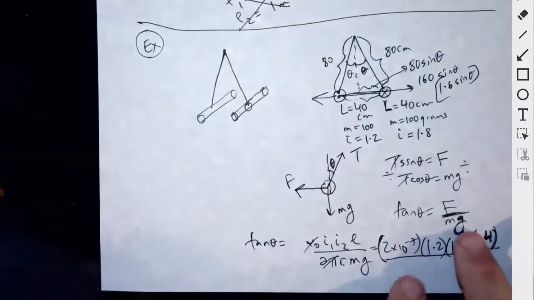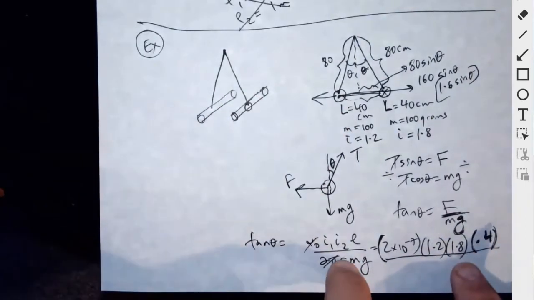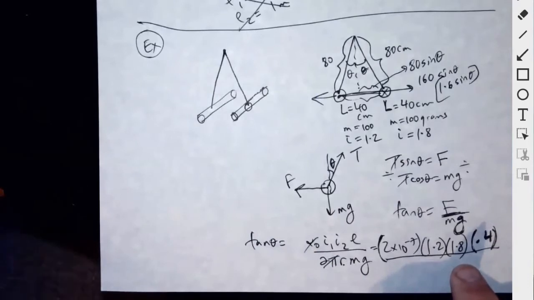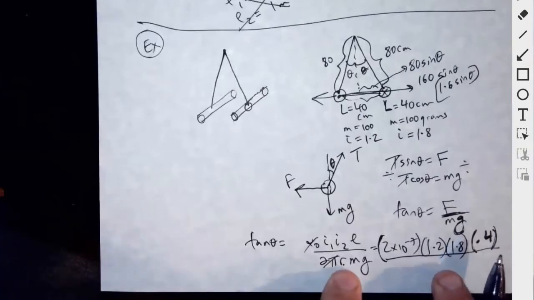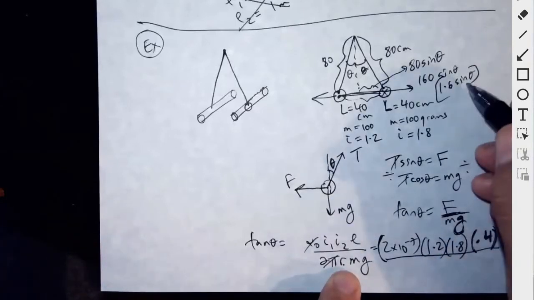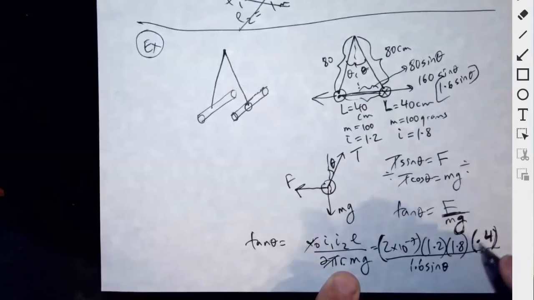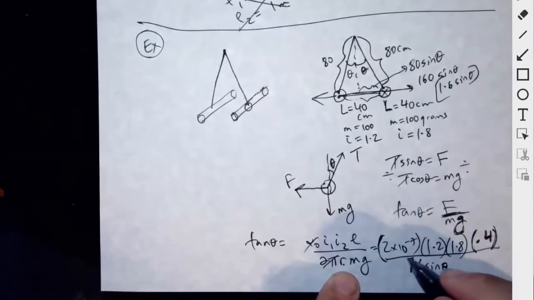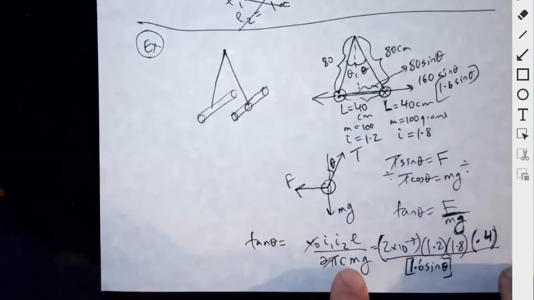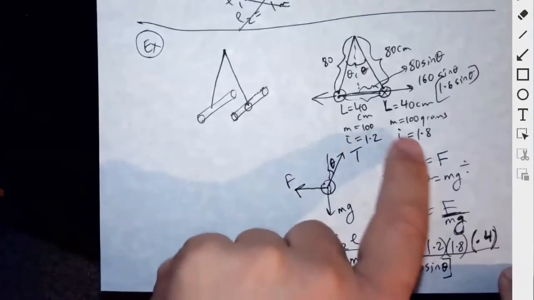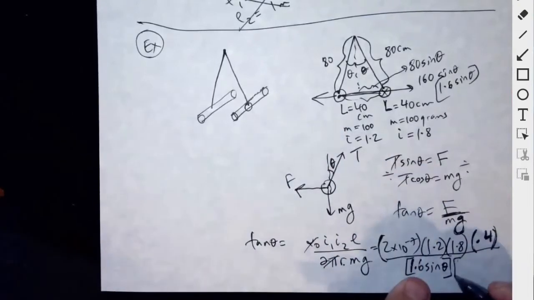So the difference is that with this force, it's not r squared, right? With the Coulomb's law, it was r squared. So we have, let's see, r is going to be 1.6 sine theta. And then m is going to be 0.1, and then 9.8.